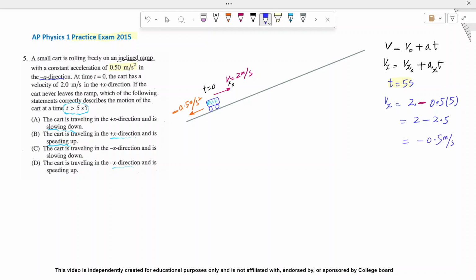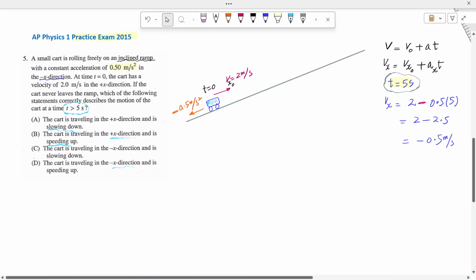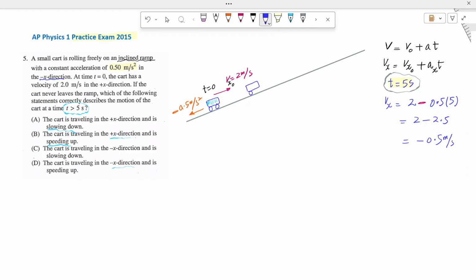So it means that at that instantaneous time, the cart is obviously moving down the incline. Dear students, let me show you what actually happened. These are the different positions of the same cart, and since the acceleration is negative, I'm showing you less displacement covered in every next interval of time.